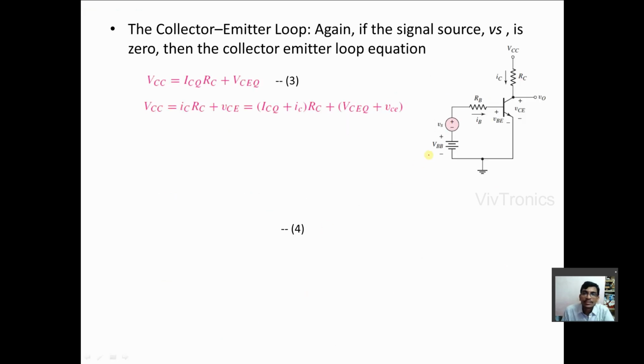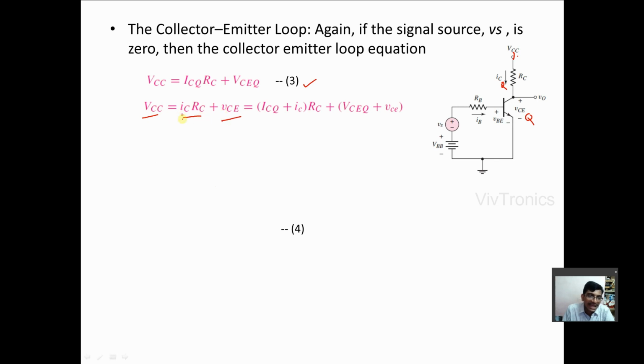Again, assuming the signal source Vs is 0, the collector to emitter loop gives VCC equal to ICQ RC plus VCEQ, which is a pure DC output loop equation. Now assuming Vs is applied, VCC is equal to IC RC plus VCE.